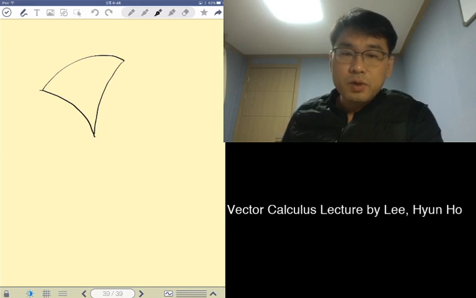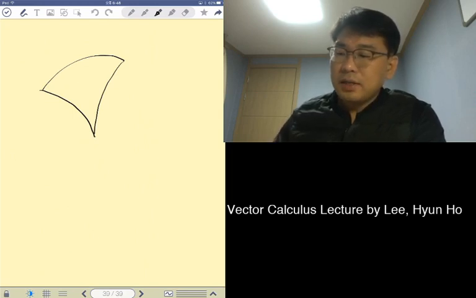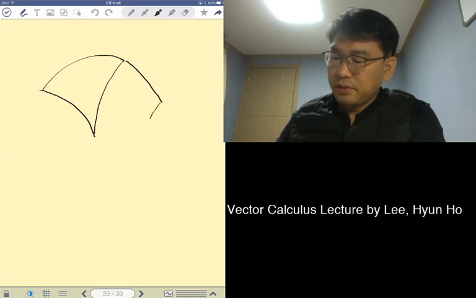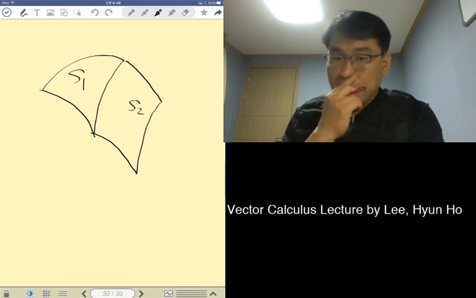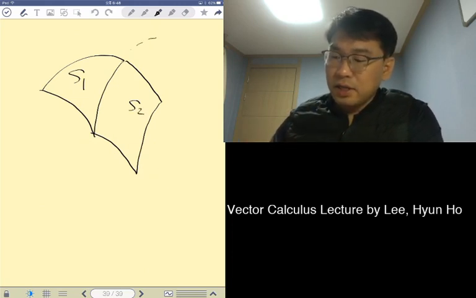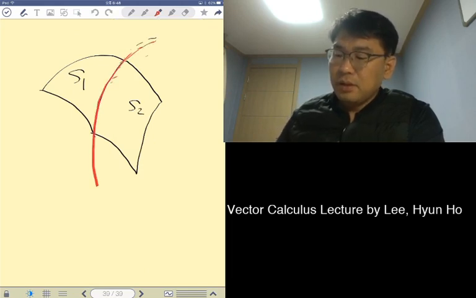We have one piece of the surface here, and then we put another one, so this is S1 and S2. Along this line, it's not a smooth point.